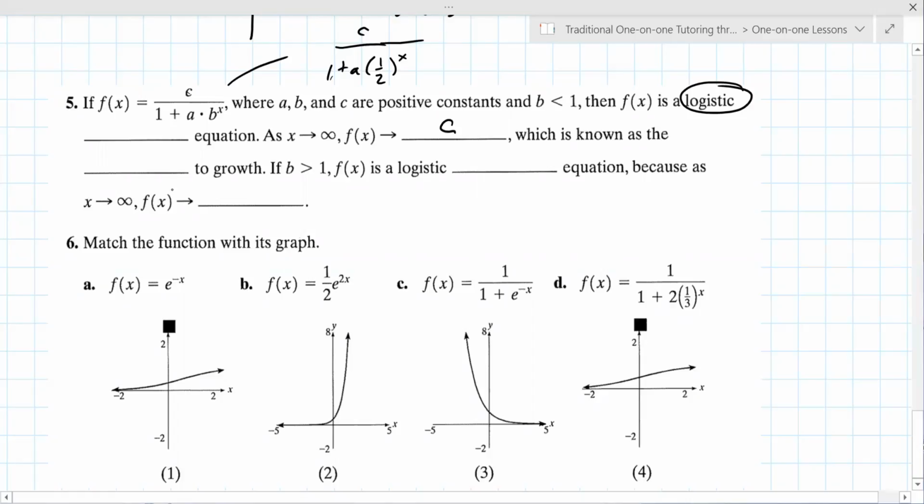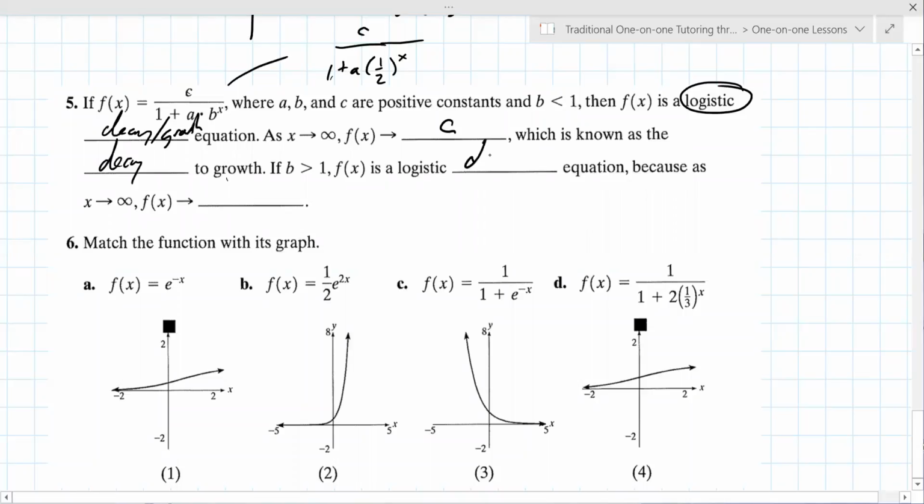which is known as the blank to growth. Maybe it's probably like decay, or growth. I don't know, it's probably one of those words there. If b is greater than 1, f of x is a logistic growth equation. Now, maybe it's a decay equation. I really don't know.